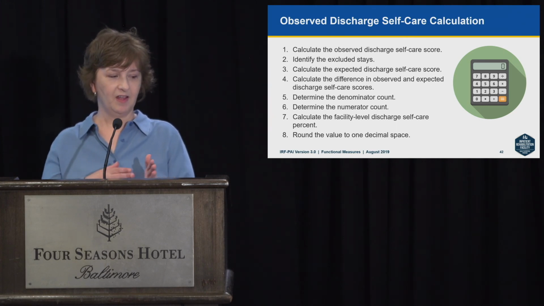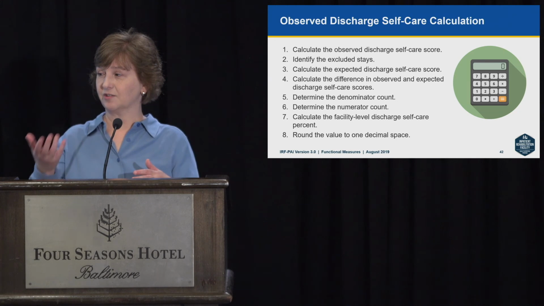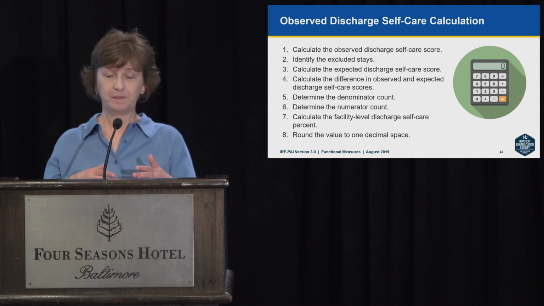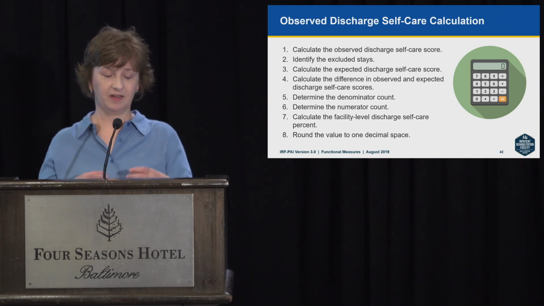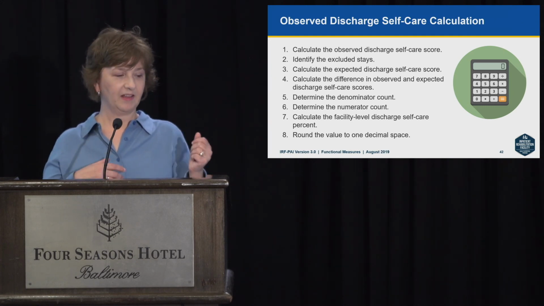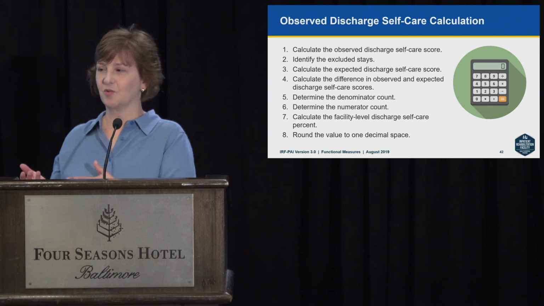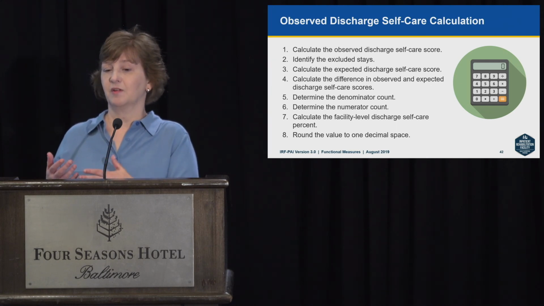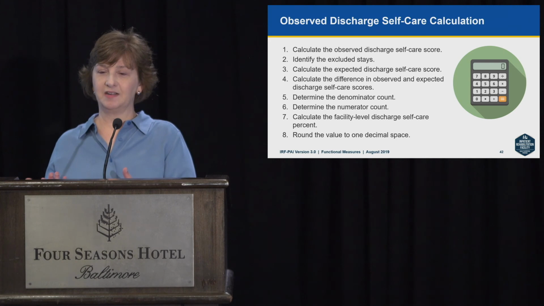Let's say the observed score, what actually happened at discharge based on your assessment data, is that the person had a score of 40, and the expected score was that this person would be a 38 by discharge.